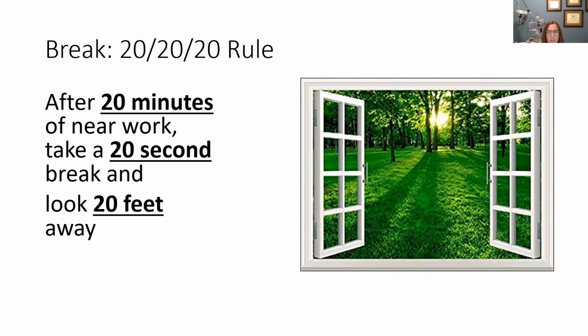This has to do with how that lens inside your eye naturally changes its shape to change your focus from near to far. So if you're looking at a computer for a very long time, your lens just gets locked in for up close. And instead of being flexible like it should be, it's harder to change that focus.